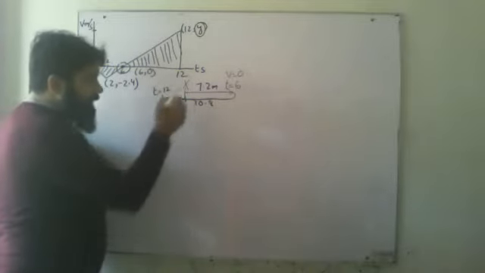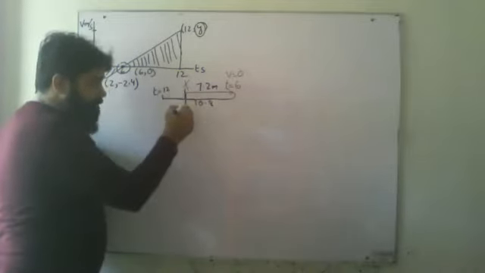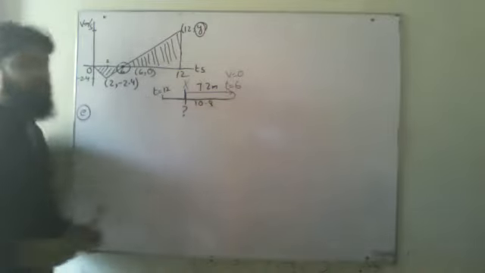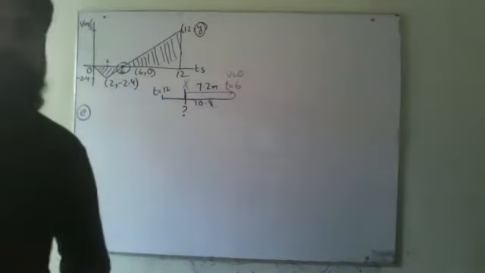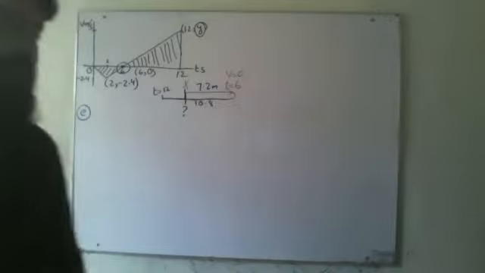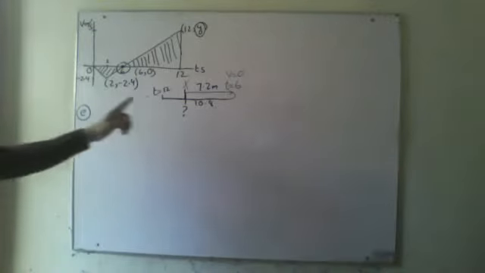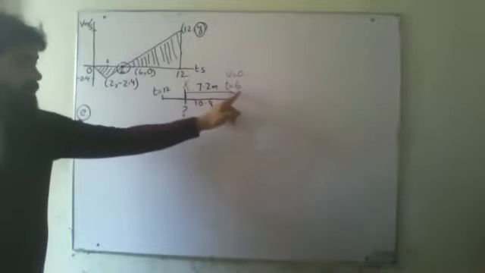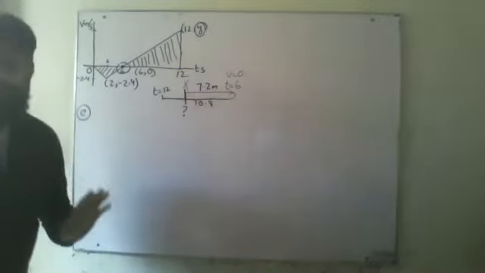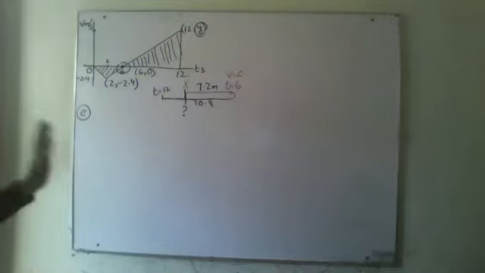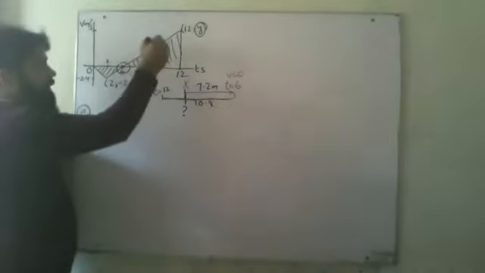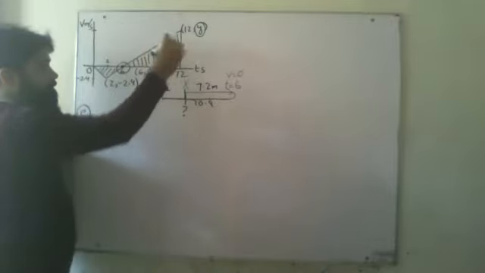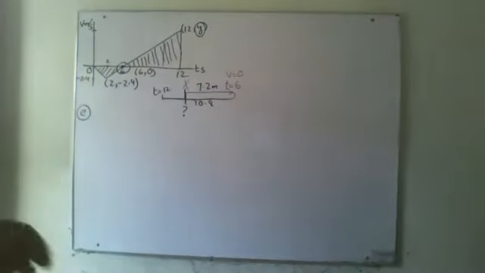So I have to find at what time the body crosses the starting point. The body returns to the starting point somewhere before 12, somewhere in between 6 and 12. I don't know where it is, but it is somewhere in between. So what I'm doing over here, I'm making this thing over here.